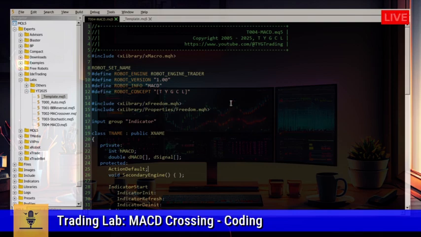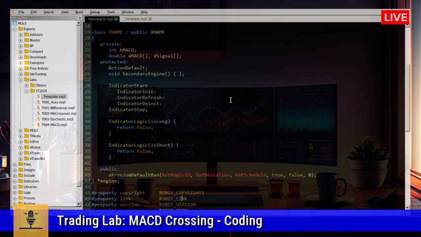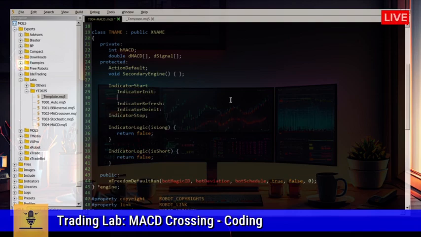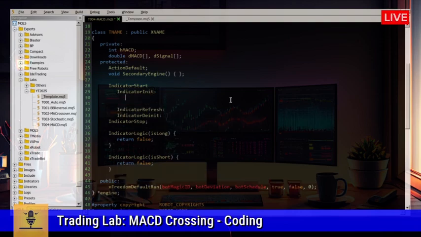Before we use the indicator, we need to set up the parameters. We use the default setting here, which is 12, 26, 9 on closing price. Okay, next.